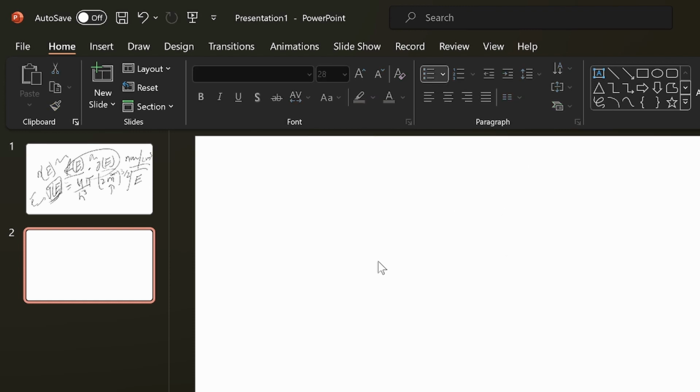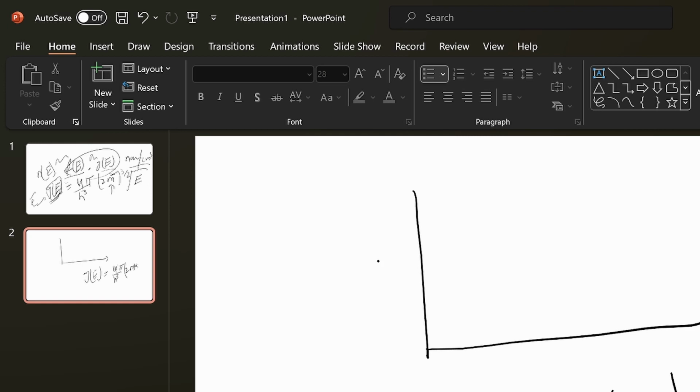So how will this distribution look if I show you in a graph? G of E is equal to 4 pi by h cube into 2m star raised to power 3 by 2 into square root of E minus EC, if we are calculating the density of states in the conduction band.